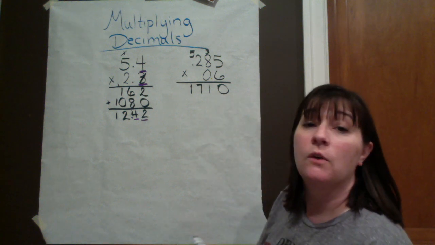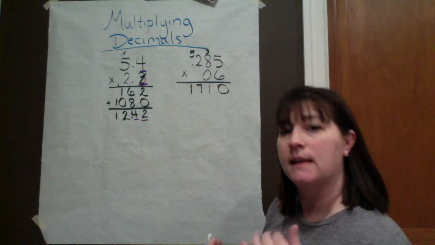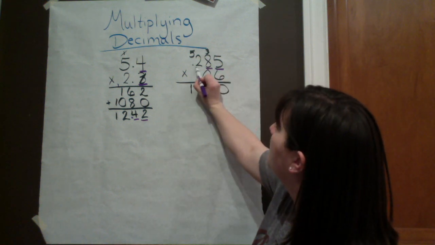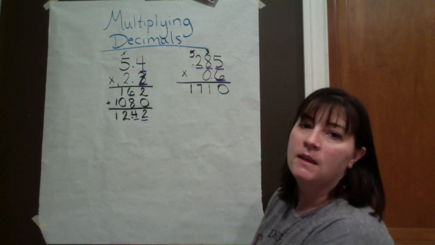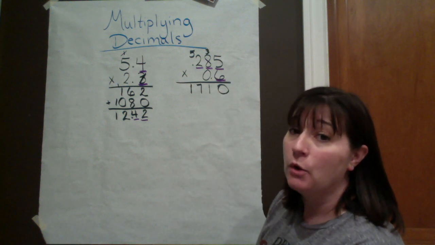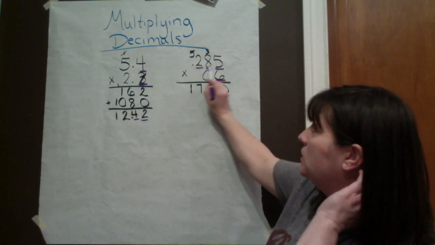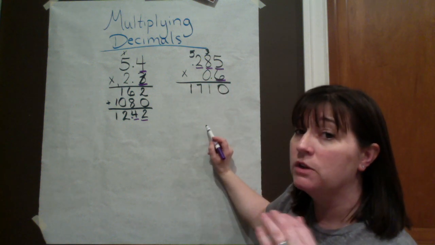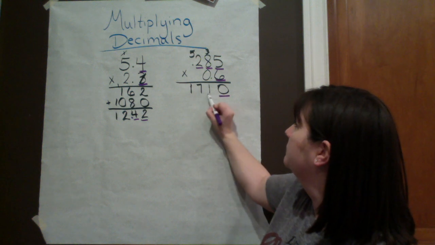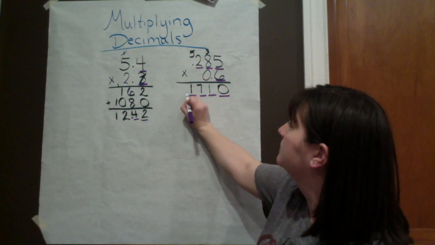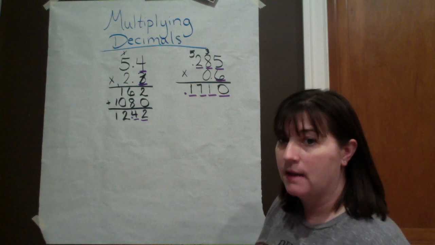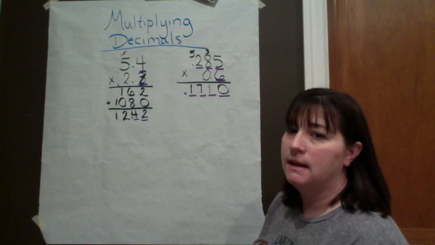Okay, I'm going to go ahead and underline all my digits that come behind a decimal in my problem. Okay, so I've underlined a total of 4 digits. 1, 2, 3, 4. So I'm going to start at the end, and I'm going to underline 4 digits. And so I need 4 digits to come behind my decimal in my answer.